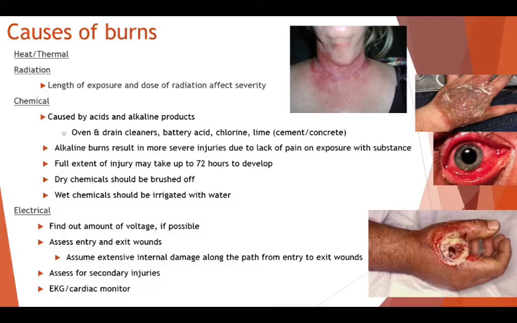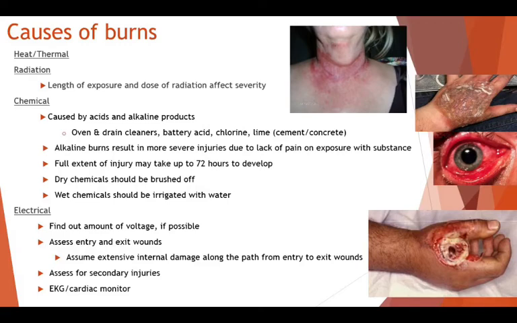Alkaline products such as chlorine, lime, and cement, people don't notice them on their skin. So alkaline burns usually are more severe because the alkaline product sits on the skin longer before it gets irrigated, and can cause more damage.